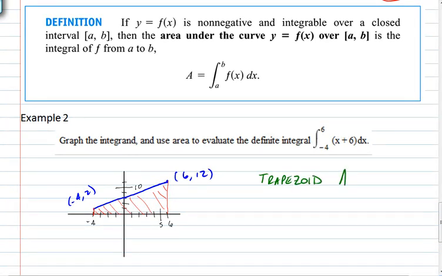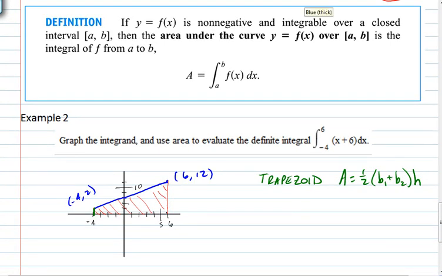And what is the area of a trapezoid? 1/2 base 1 plus base 2 times the height. Base 1 is the length of base 1. That's going to be this distance right here. What is that distance? 2. The y values are the height.